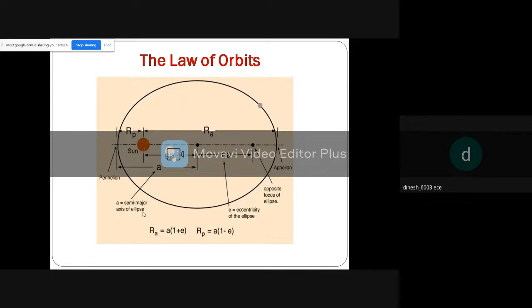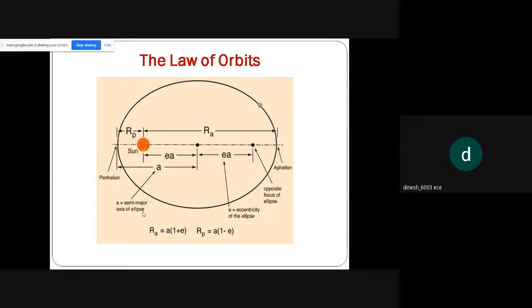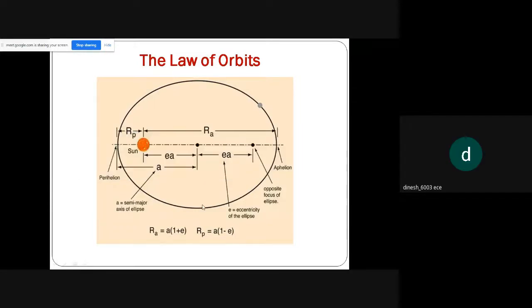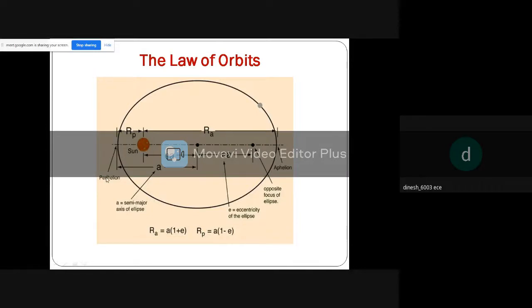If I take the center of the ellipse, you will have two external points, one nearest and one farthest.